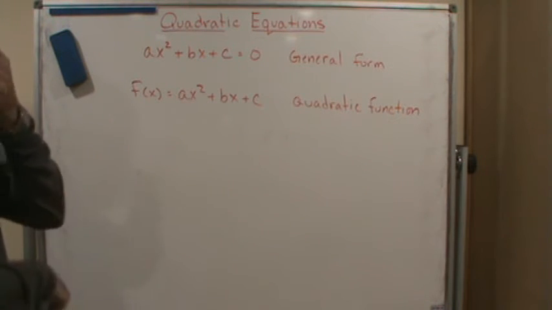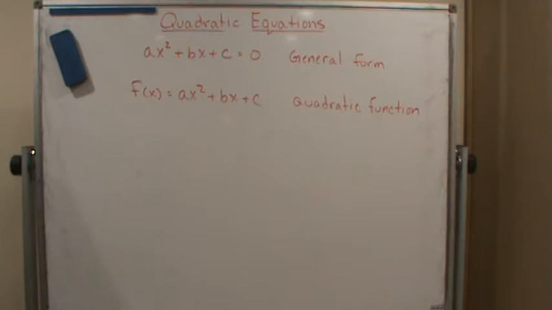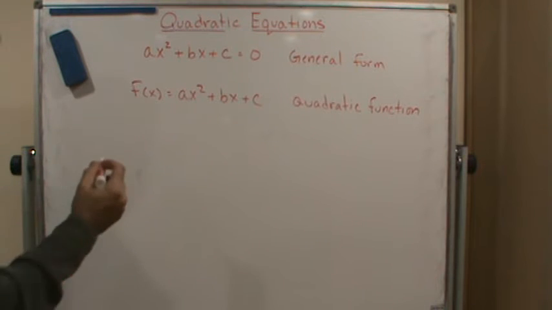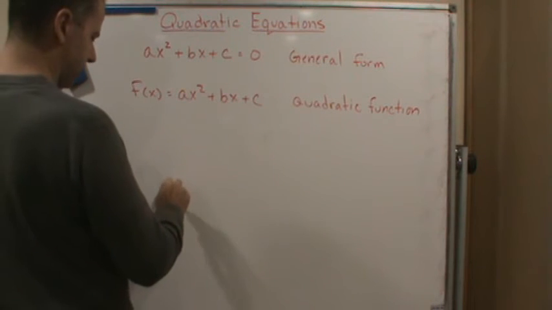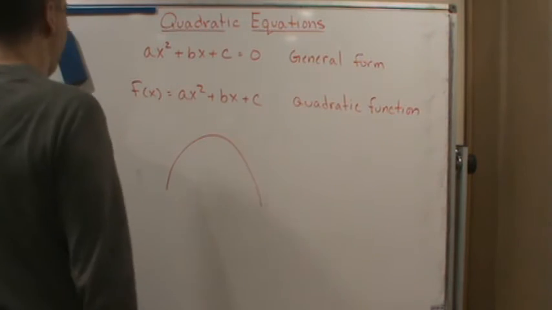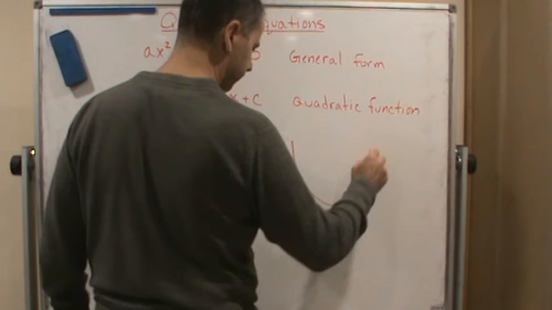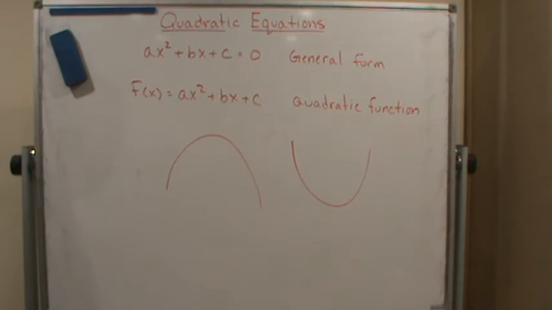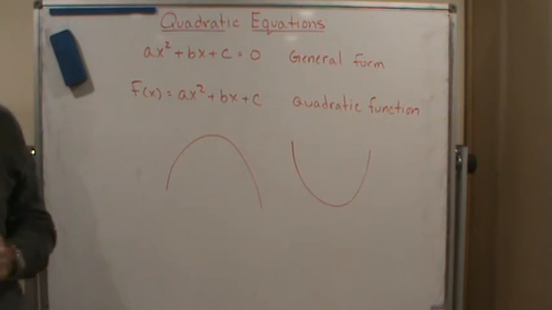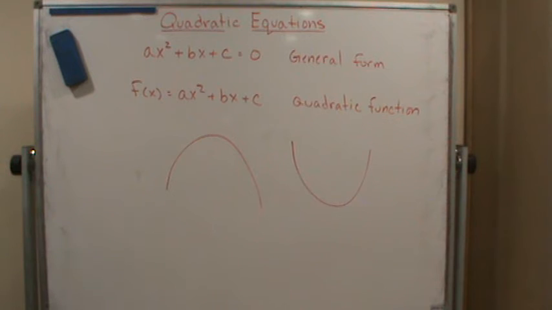What kind of applications do these have? Well, think about parabolas. The graph of a quadratic is either going to look something like this, or it's going to look something like this. So what sorts of applications fall into these types of graphs?